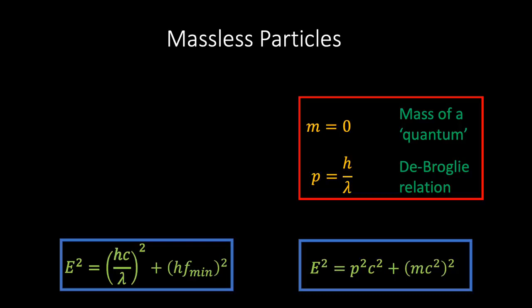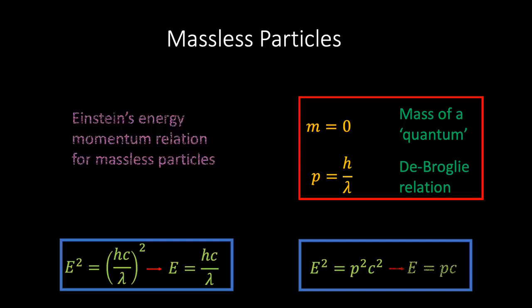So if we set the minimum frequency to 0, then we see that not only is the mass zero, but we also recover the familiar photon-energy relationship that Einstein introduced to explain the photoelectric effect. And finally, if we set the mass equal to zero in the energy-momentum relationship, we recover the familiar expression for the momentum of a massless photon.